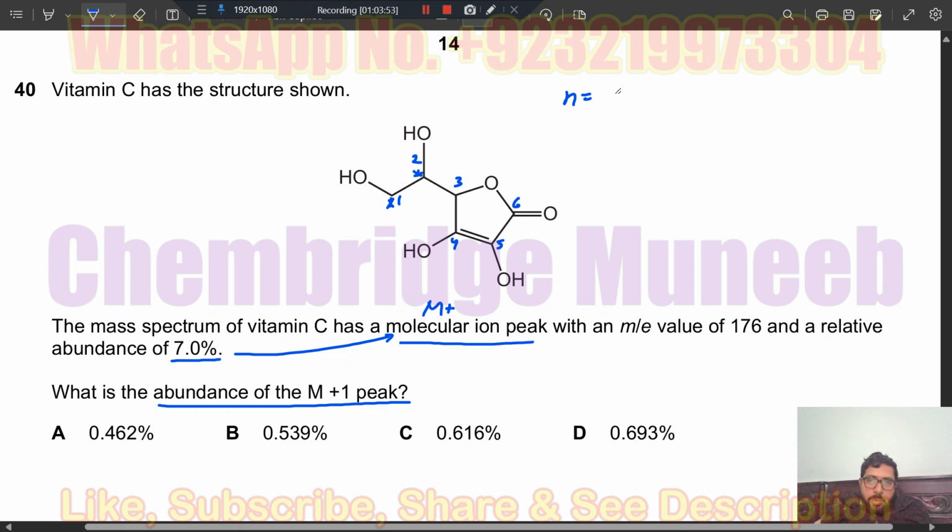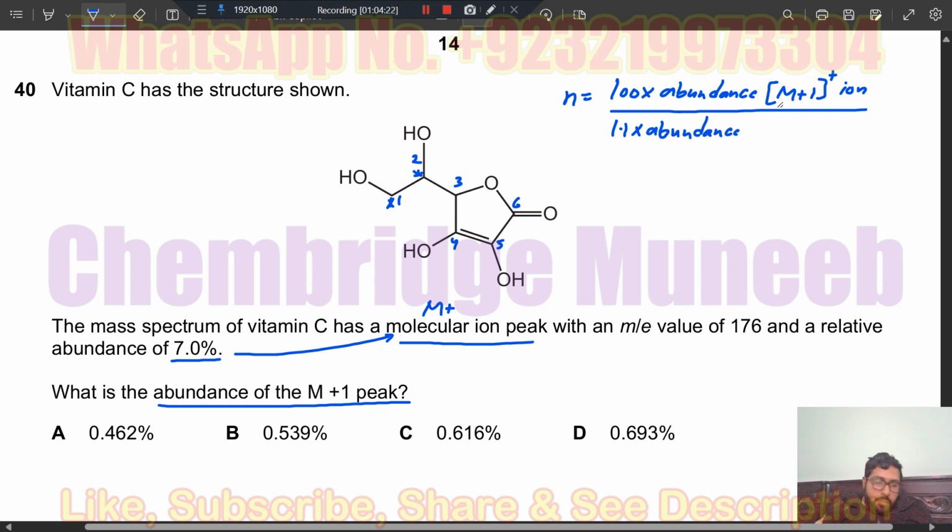Now I will write the formula here. n is equal to 100 into the abundance of the M+1 ion, divided by 1.1 into the abundance of the M+ peak, which is called the molecular ion peak.